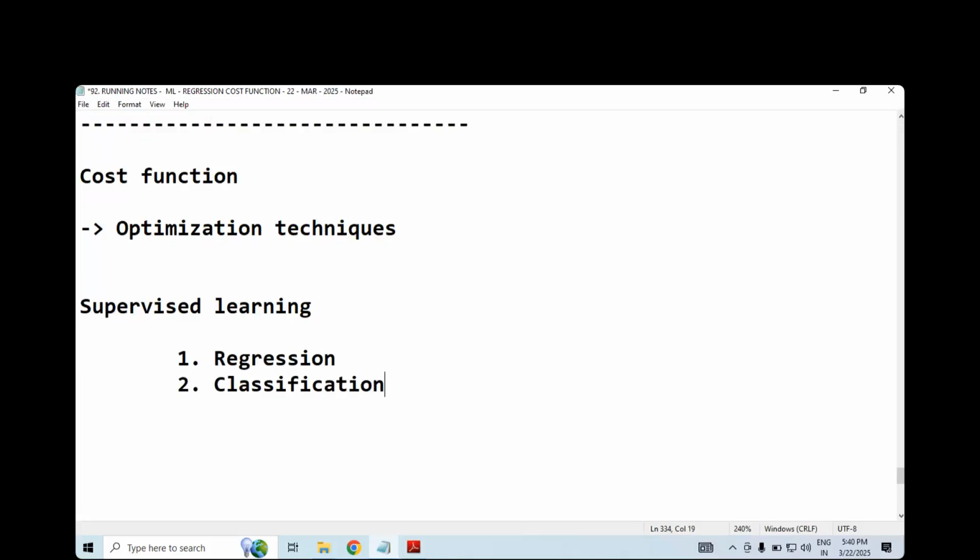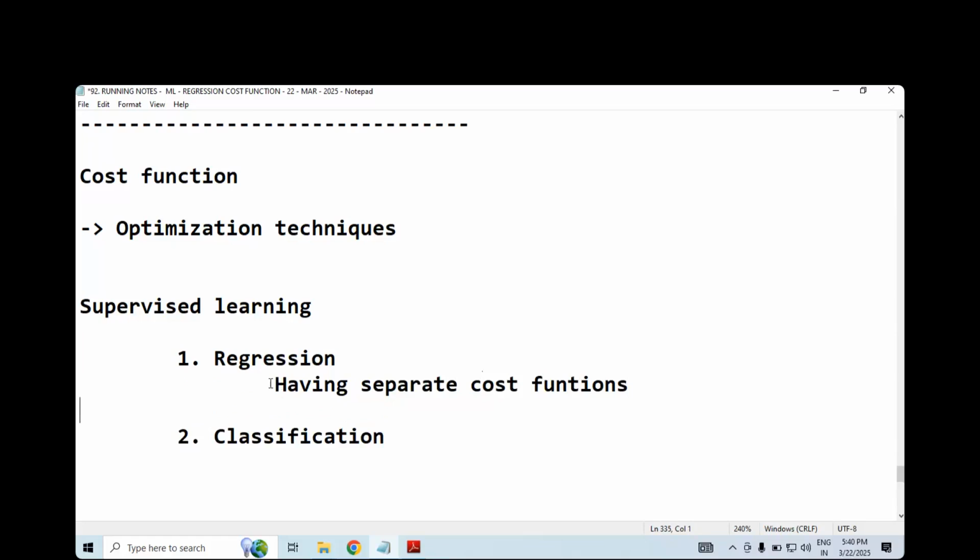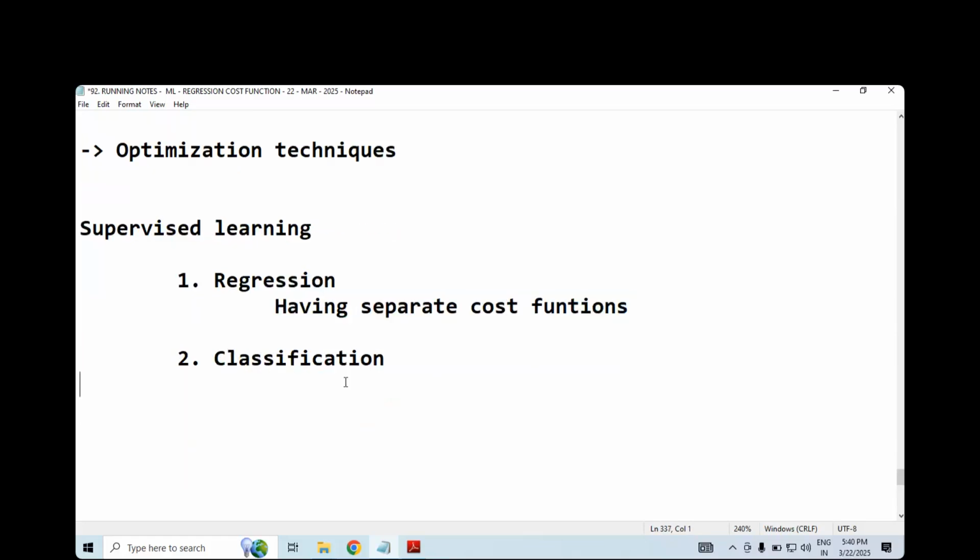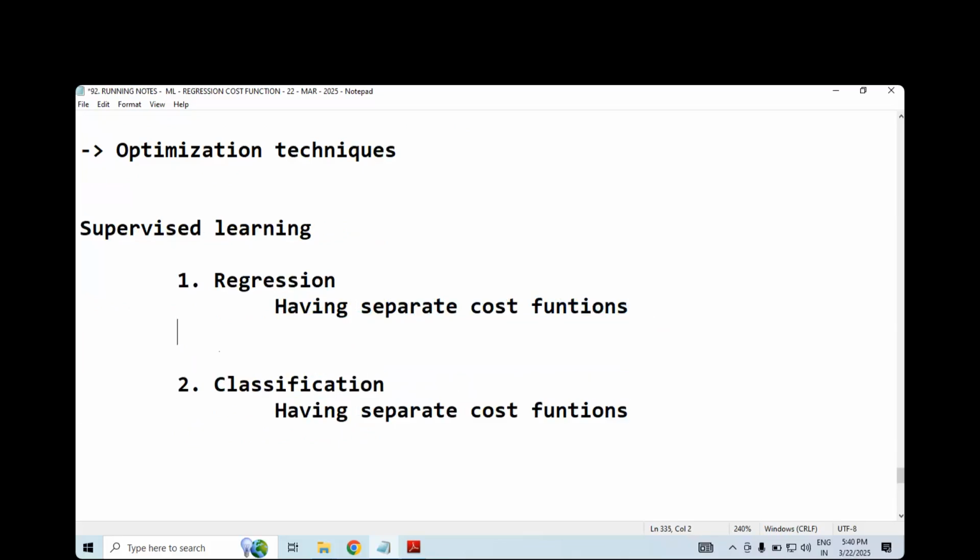Regression has separate cost functions. Classification also has separate cost functions. Both are not the same.